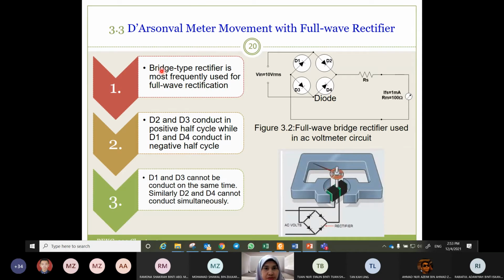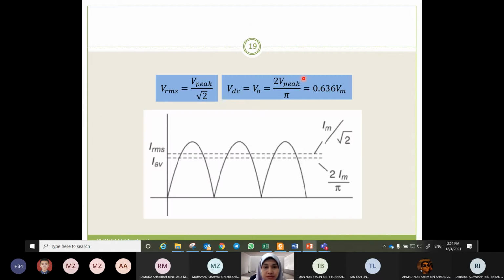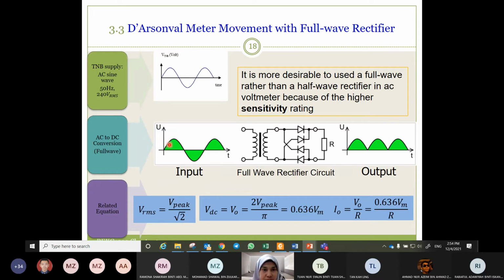The bridge type rectifier is most frequently used for full rectification. This is the bridge type. During the positive half cycle, meaning for the positive signal, D2 and D3 conduct.